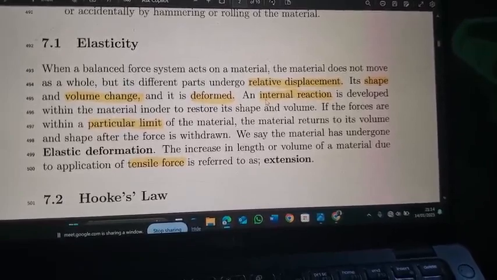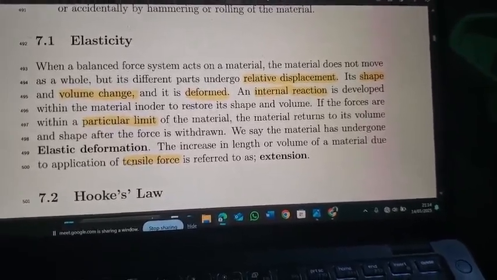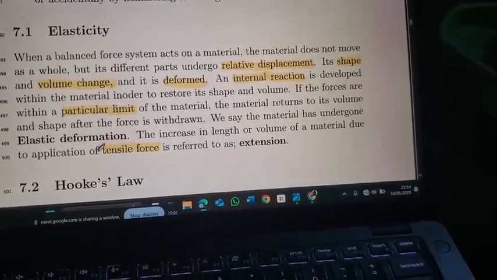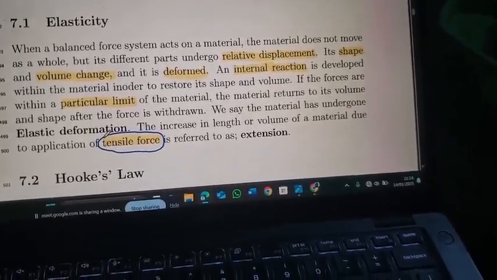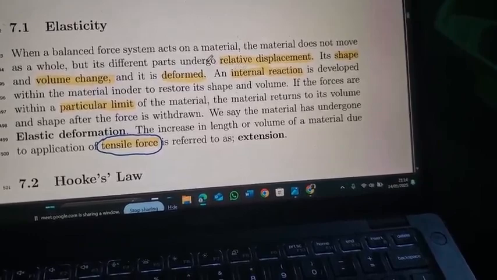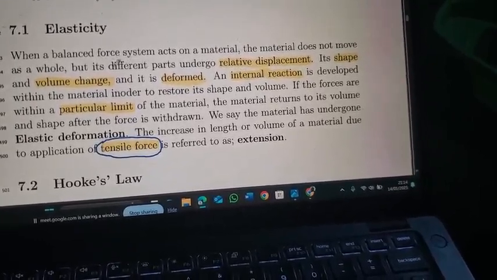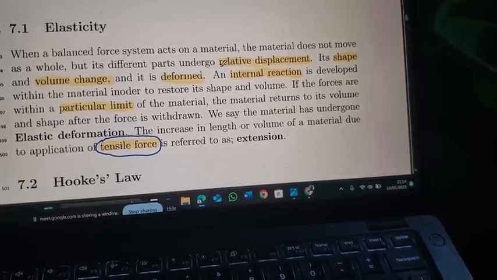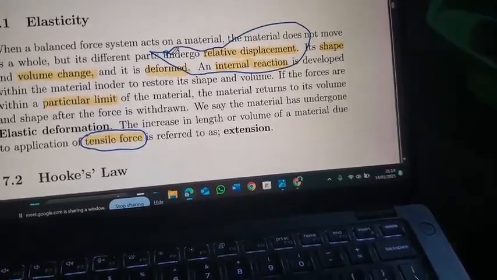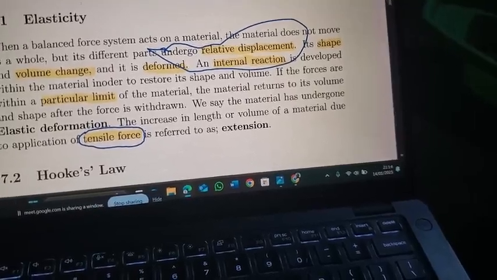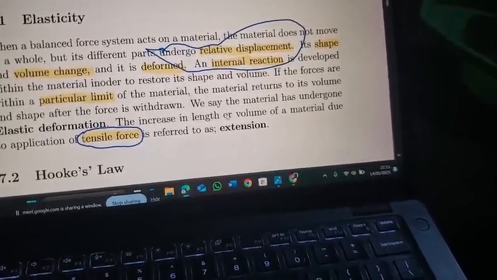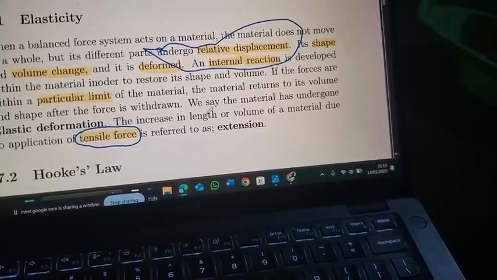Normally, when you apply a tensile force to a material, meaning a force of tension which is pulling apart a material in opposite directions, the different parts of the material, which are actually the molecules, undergo what we call relative displacement. So the molecules are displaced from their mean positions, and due to that displacement, it causes the material to undergo what we call extension.